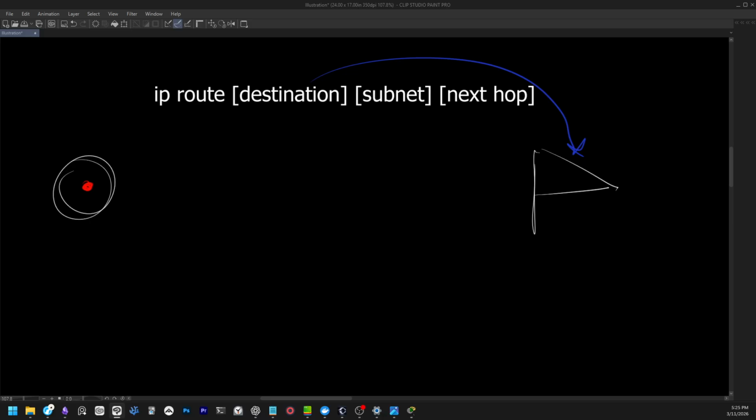Along this path, we have multiple stops, multiple steps that you hit to get to that destination. This is pretty much the same.